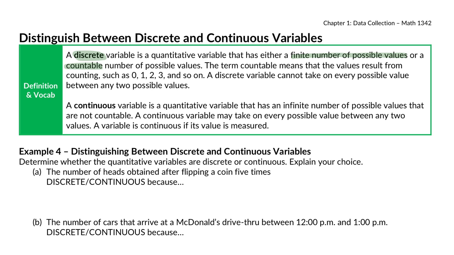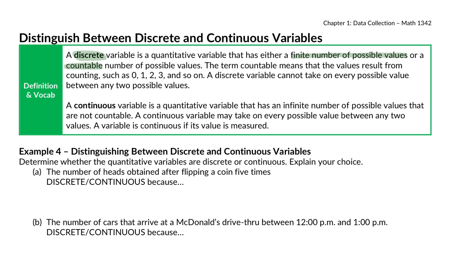The term countable means that the values result from counting, like 0, 1, 2, 3, and so on. A discrete variable cannot take on every possible value between two possible values. So like 1.5 won't make sense. 1 and 2 make sense. That's a discrete variable.